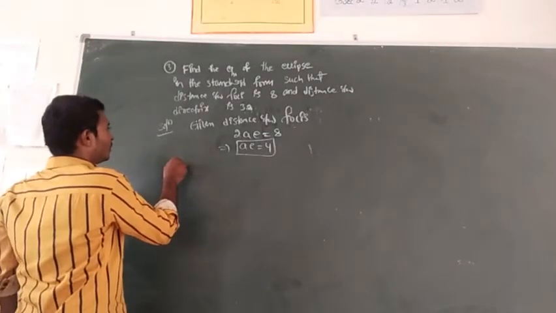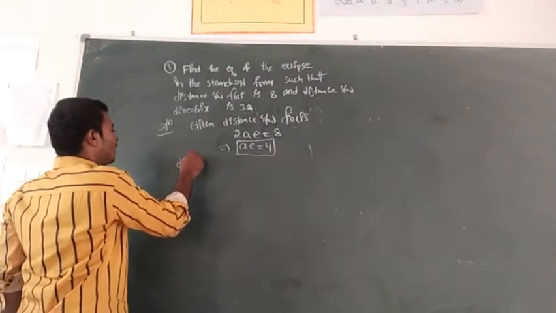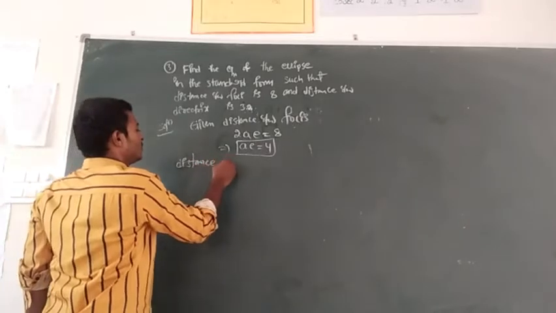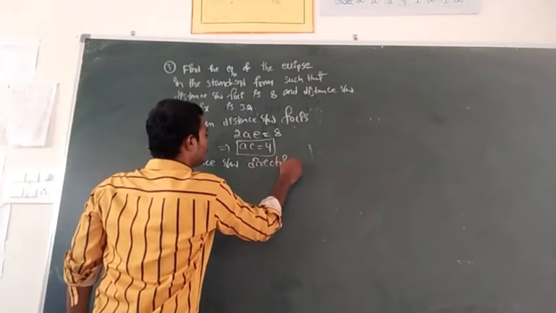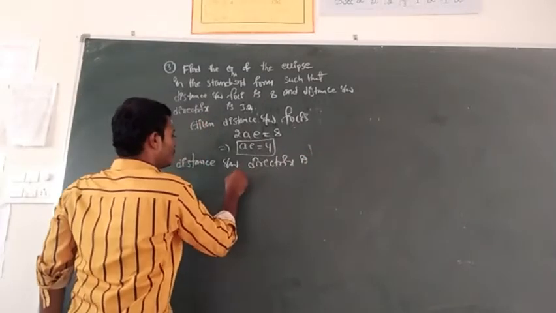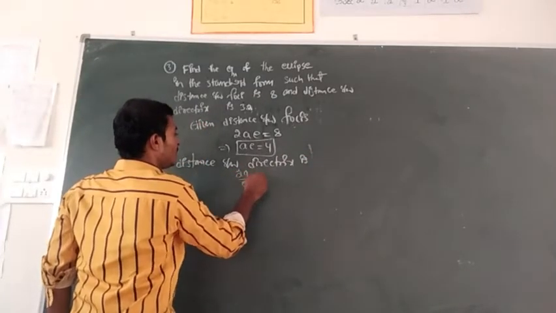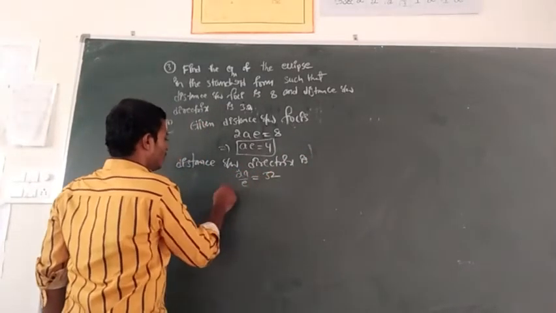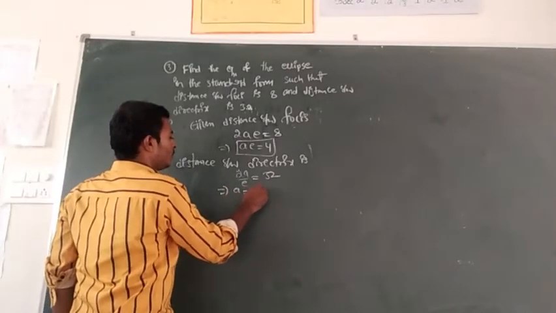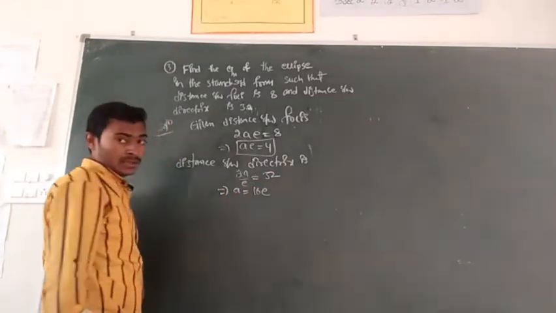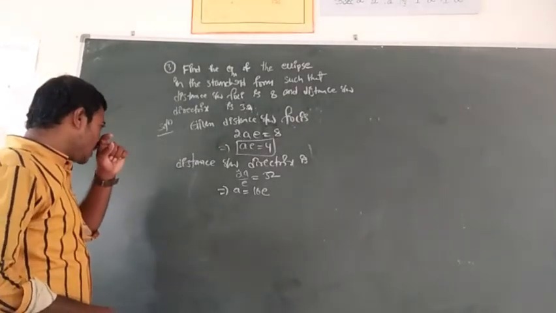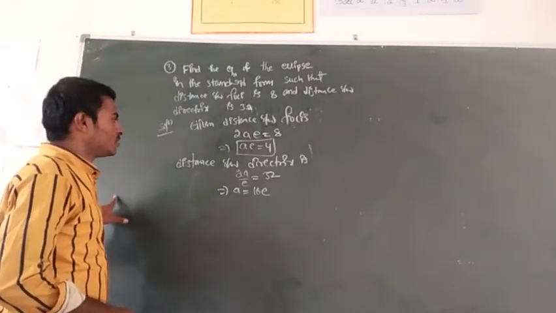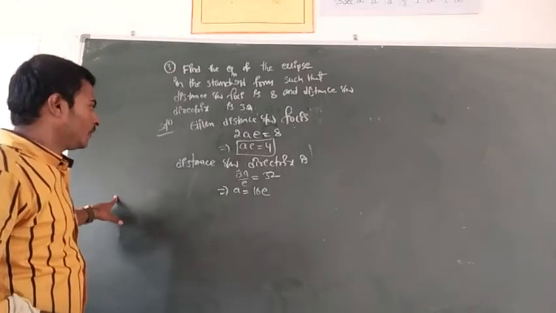And the distance between the directrices is 2a by e equal to 32, so a by e equal to 16, that is a equal to 16 into e.